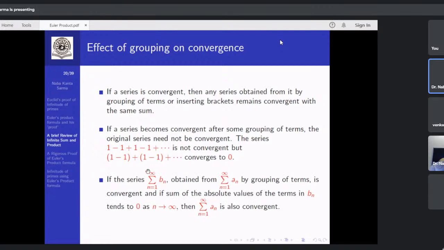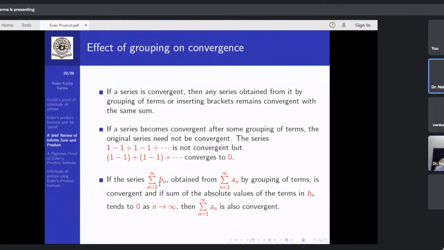Then when can we actually say something after putting brackets? Let us see what the next item says. Suppose a series Bn has been obtained from an by grouping of terms. Then this resulting series will be convergent. So what we actually wanted to say in the first item is that if the series is convergent, then you can put brackets, and the resulting series will remain convergent.